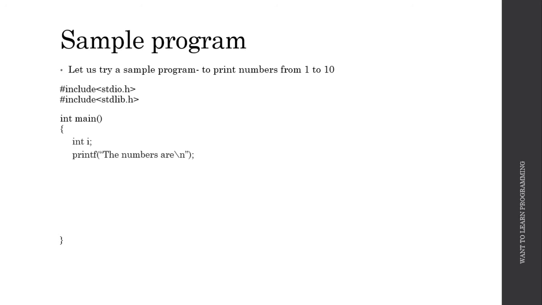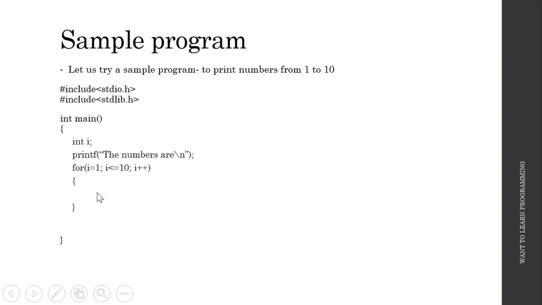Now let's look at the for loop. The for loop initialization is made to 1 because we are printing from 1 to 10. The condition is that i is less than or equal to 10, because we want the numbers to be printed from 1 to 10. That is, the loop will run until i is greater than 10.